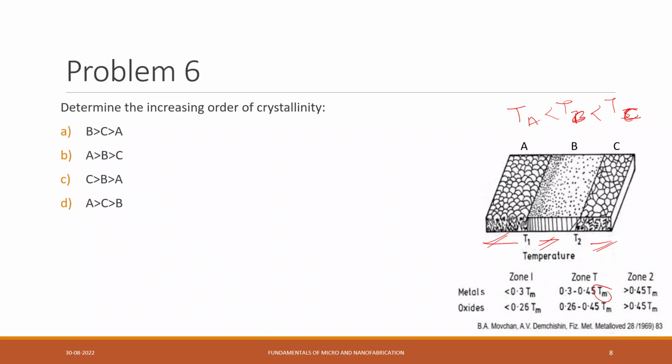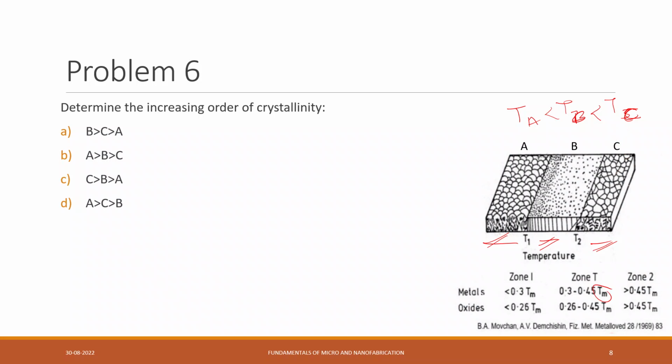Here we see that the temperature of the C zone is highest, so it has more energy for the atoms to rearrange.